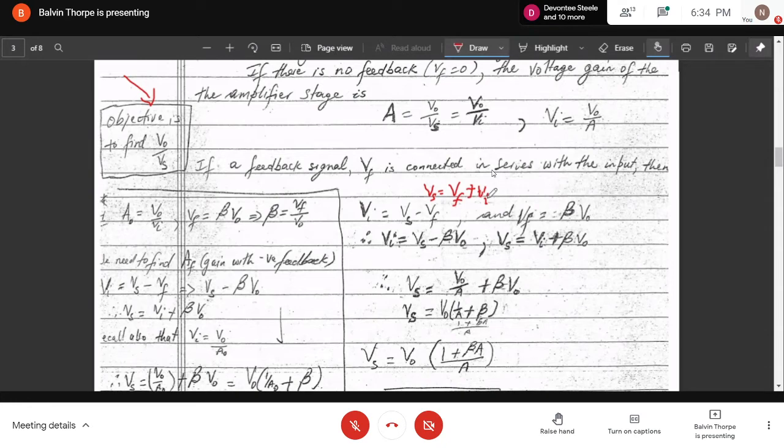And if we know that VS equals VI plus VF, then we can find from this expression that VI is VS minus VF. So we say that VI also equals VS minus VF.